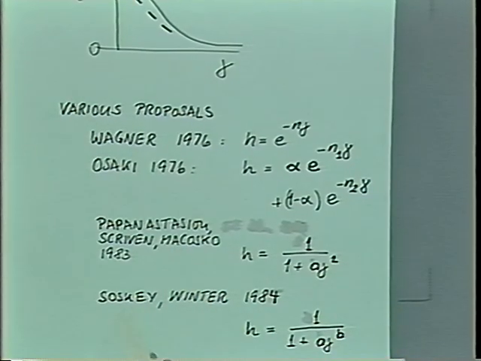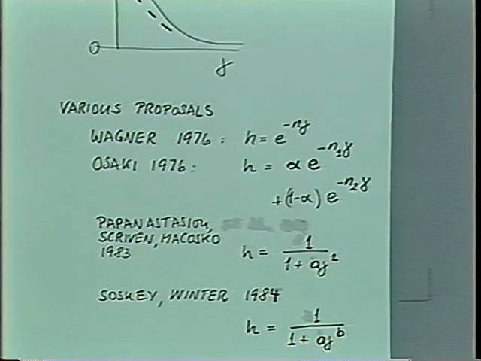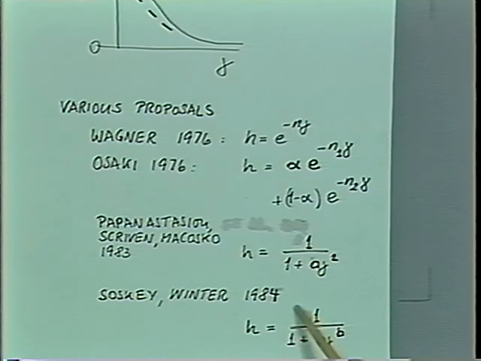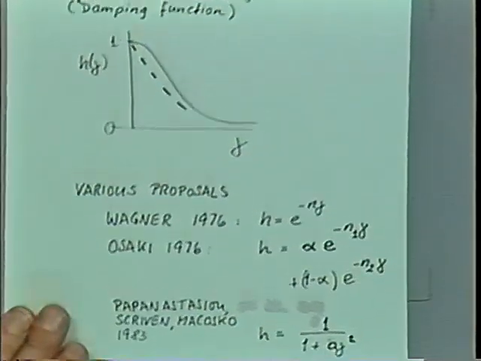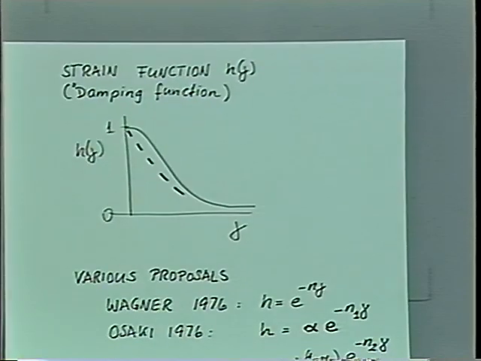And so Soskey, when doing step strain experiments, modeled his data with the same function, but he realized that 2 is not the most appropriate. It's closer to 1.5 or so. So he kept this as a free parameter. So with this type of approach, you can really model any of those experimental functions very nicely.